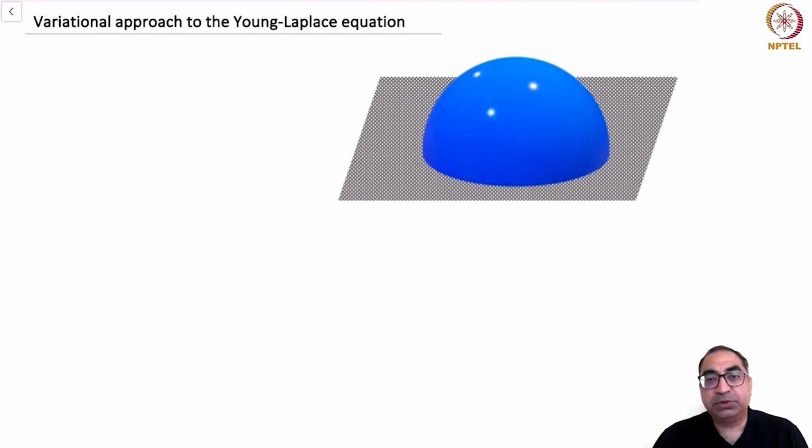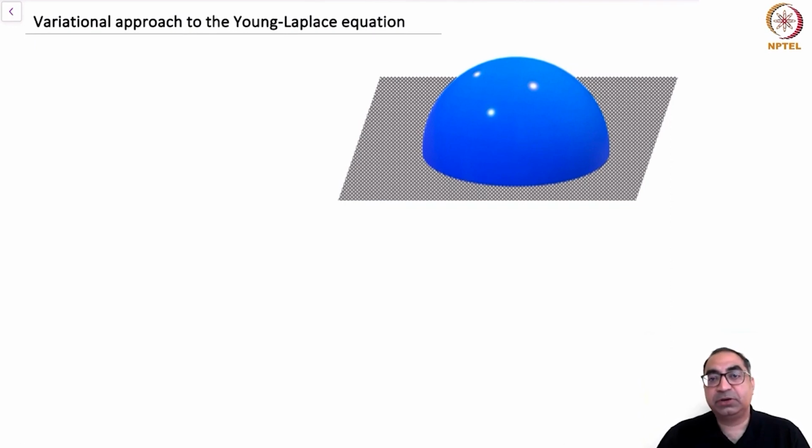Now, what we want to do in this lecture is to come up with a general consistent approach to derive both these laws in one go, and we will do this using the principle of energy minimization that we have seen in some of the previous lectures. The analysis will be similar to what we had done for the case of a static meniscus, where the goal was to determine the shape of the meniscus.